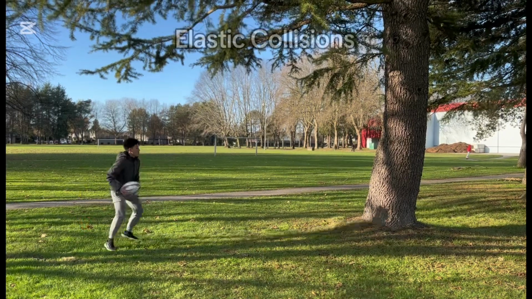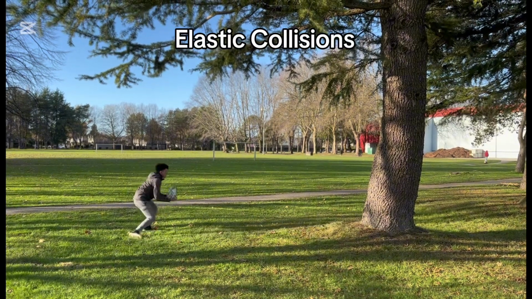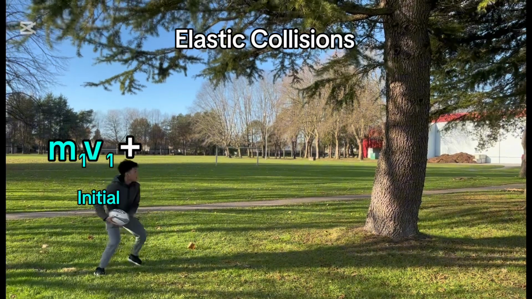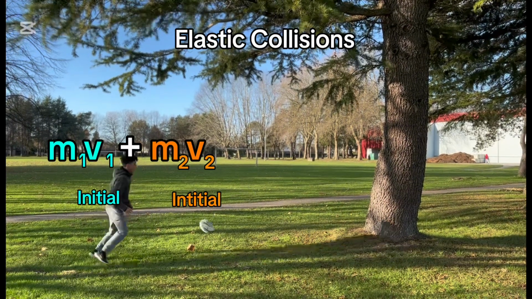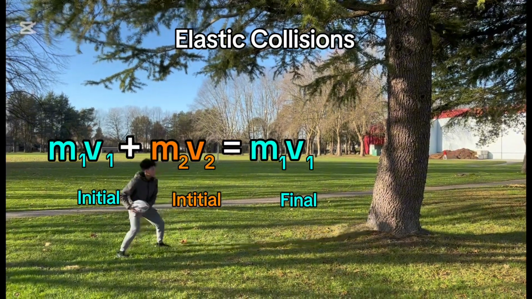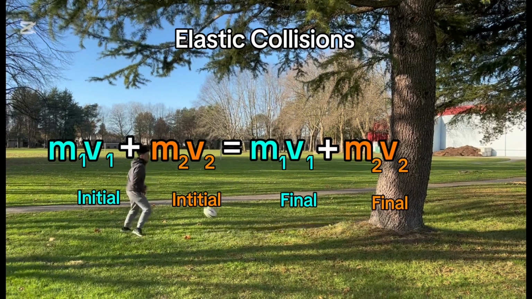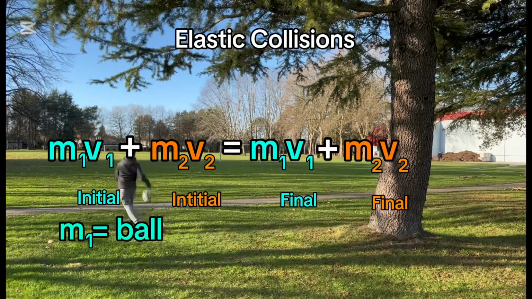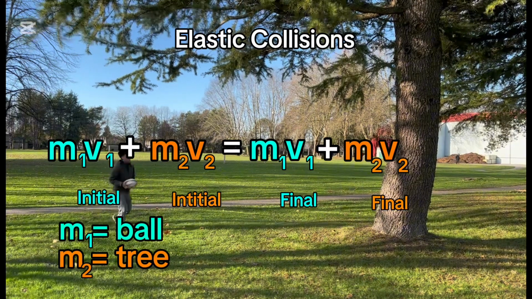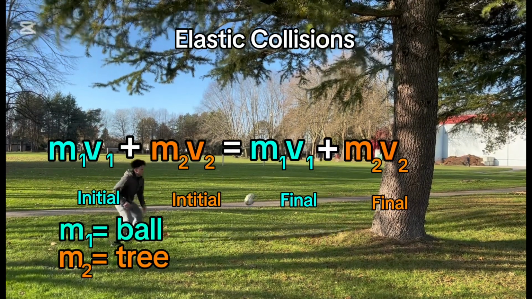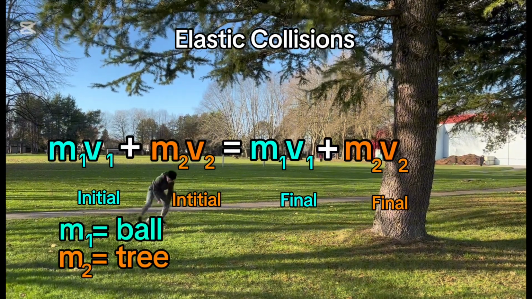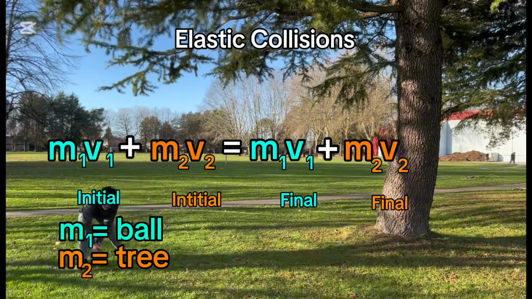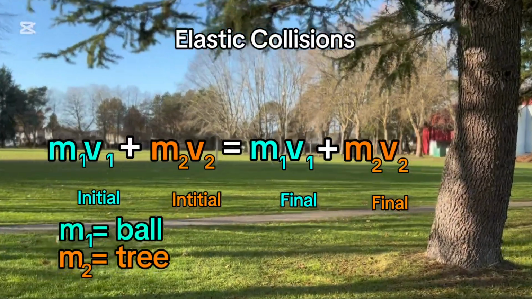For elastic collisions, the momentum conservation equation is m1 initial v1 initial plus m2 initial v2 initial equals m1 final v1 final plus m2 final v2 final. In this case, the ball is m1, the tree is m2, and the velocities before and after the collision are v1 initial, v1 final, and v2 initial, v2 final, respectively.